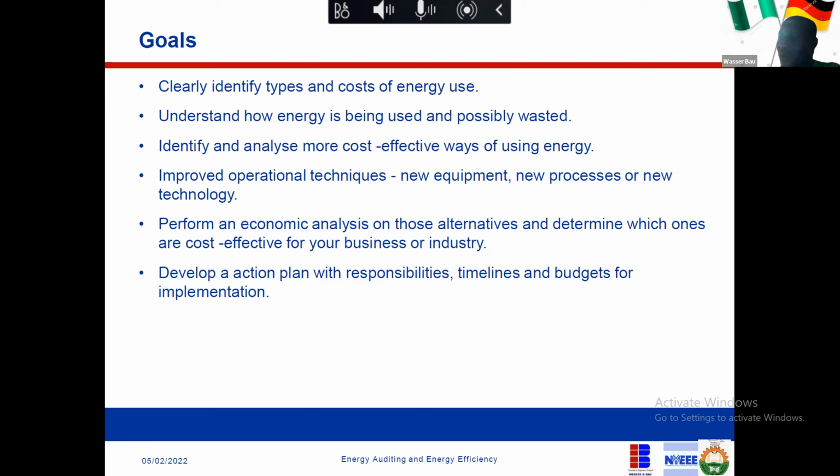I went to a house in Maitama in Abuja, and they told me that they pump water only when the sun is on. They pump water during the day so they can make use of solar. I said, wow. So this is your job as energy auditor. In addition to identifying and analyzing, also make recommendations on how to operate the systems, the equipment, and how to deploy the technology.